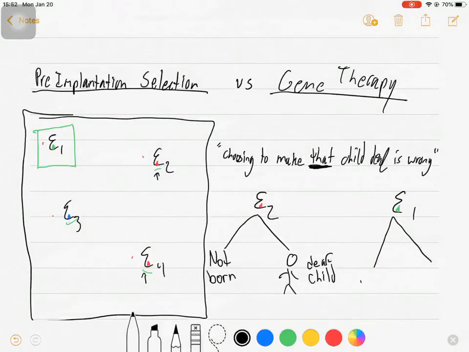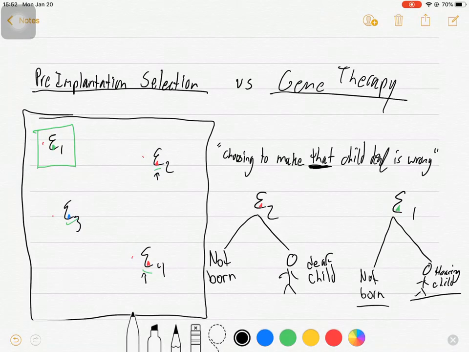Embryo 1 will either not be born or will be born as a hearing child. Now, there are some complications here. Maybe something would happen along the way, blah, blah, blah, but we're setting all of that aside. Notice that none of these life trajectories include becoming a deaf child.